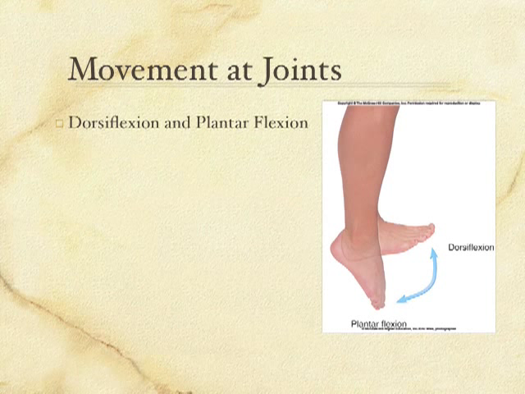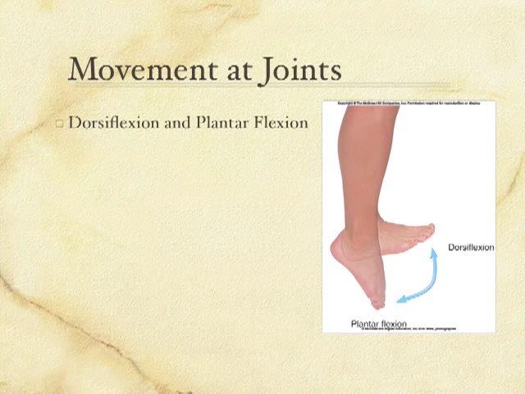If somebody says, get ready, here I come, plant your feet, right? The part of your foot that sits on the ground where the plants are, that's your plantar surface of your foot. The back side of your foot would be called the dorsal surface of your foot. Just like the dorsal surface of anything is its back.